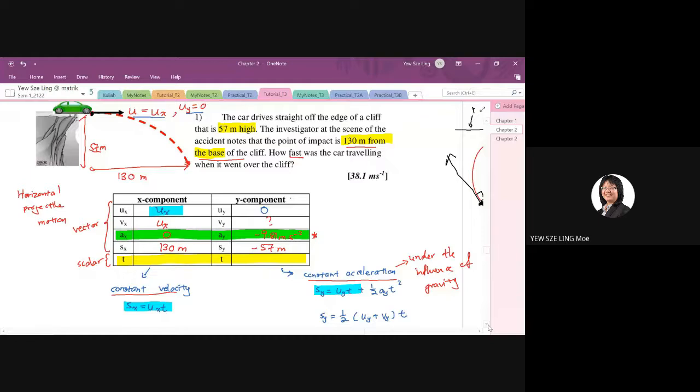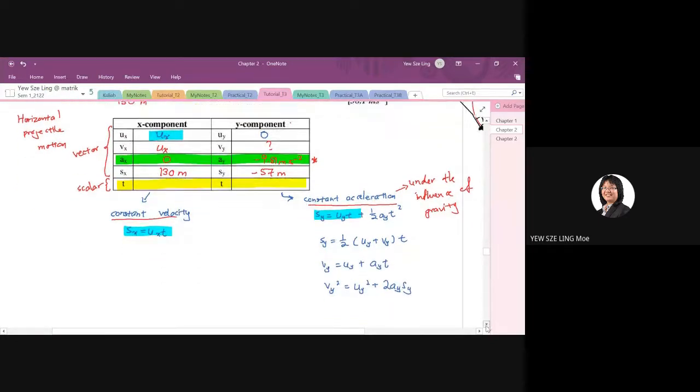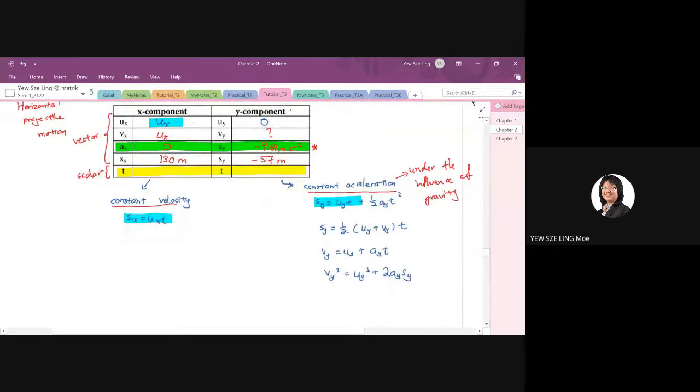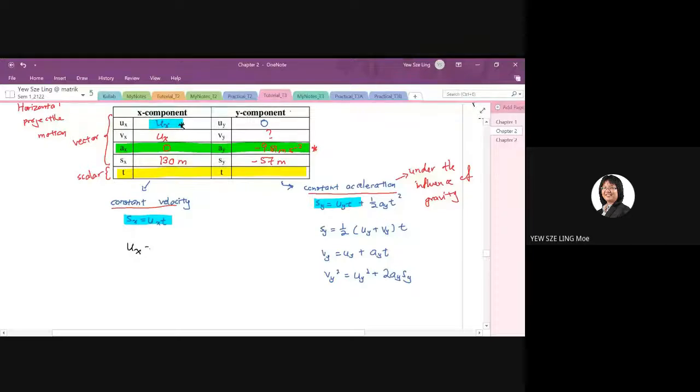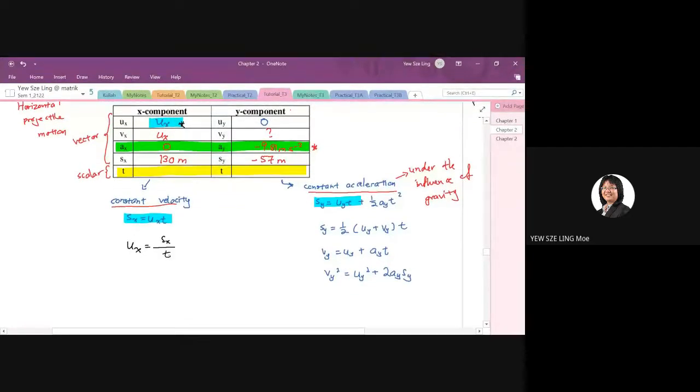All right, let's see how we are going to solve it. Now, if you look at Ux, in order to calculate Ux, the only equation that can be used is Sx equals Ux t. So Ux is equal to Sx over time. But if you look at the table, we don't have the value for time, right?